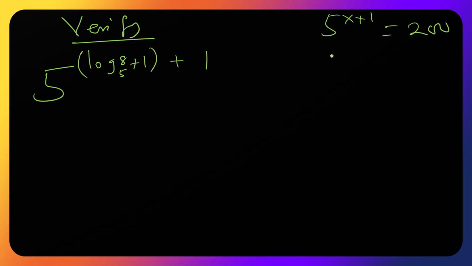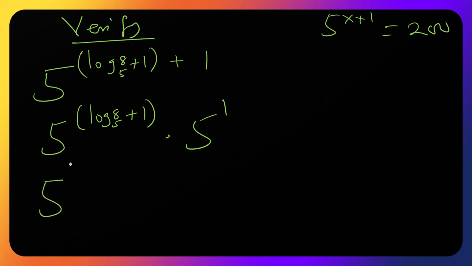All right. So from here, we can deal with the bracket first, okay? Since this can be written as 5 to the power log 8 base 5 plus 1 times 5 to the power 1, we can rewrite this as 5 raised to log 8 base 5 times 5 to the power 1 times 5 to the power 1. Okay.